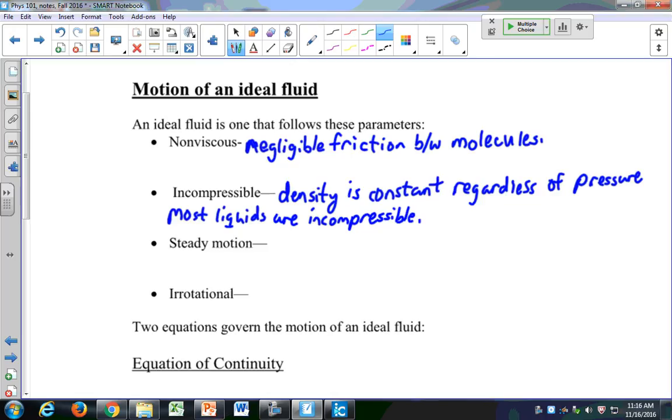All right, so steady motion. That means that the velocity, pressure, and density of a fluid do not change with time at a particular point.